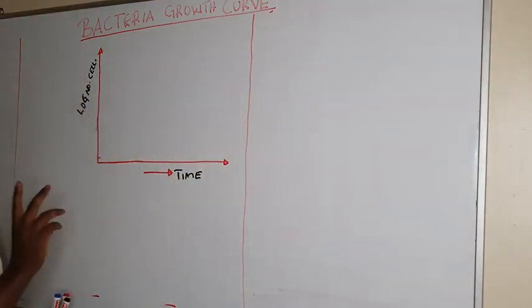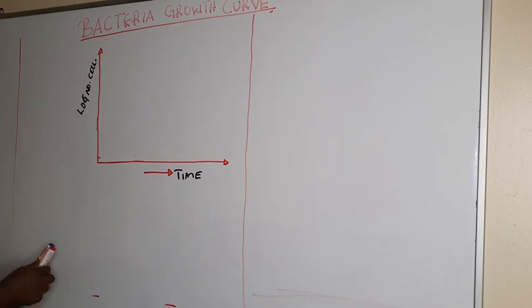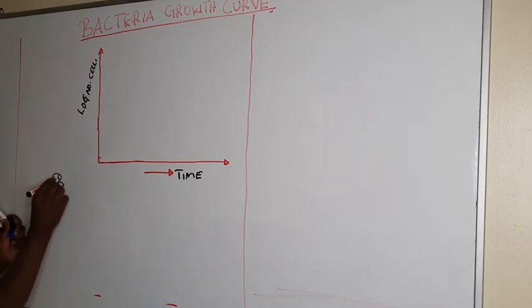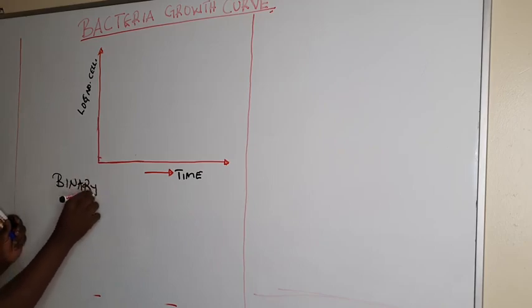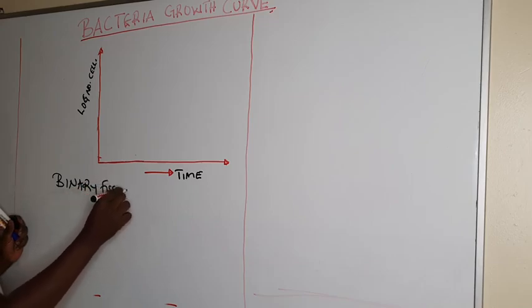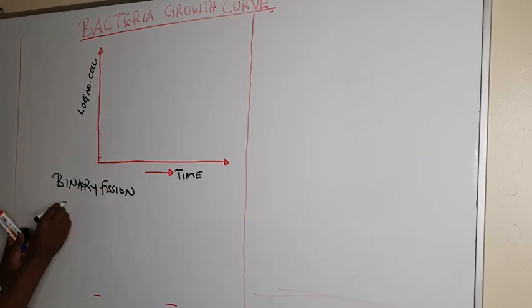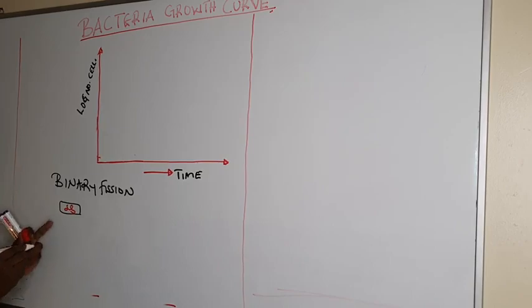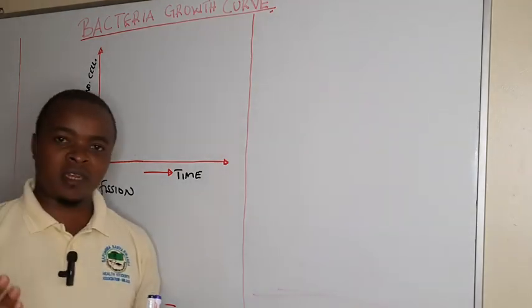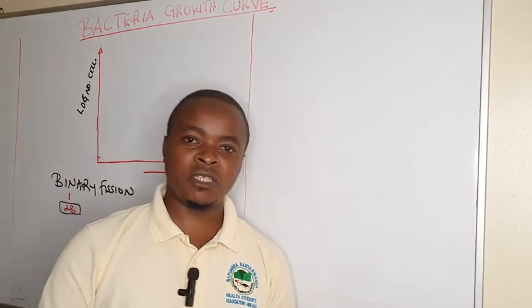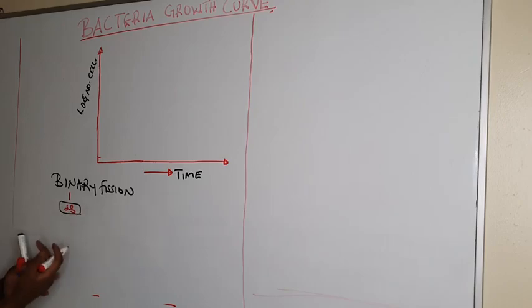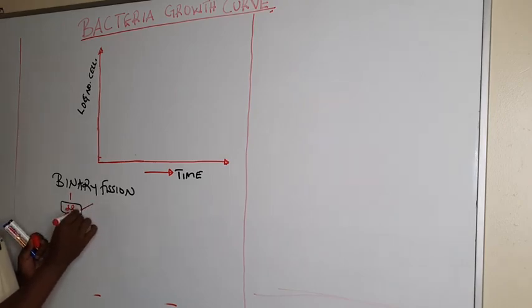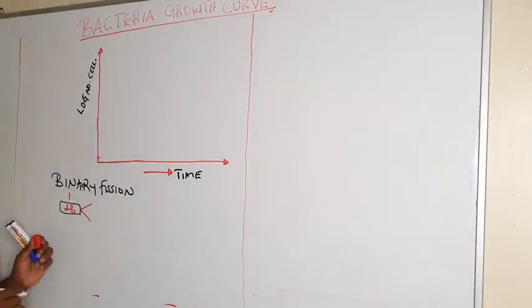We know that bacteria grow by the process known as binary fission, whereby if you have a single bacterium with a DNA, which is always chromosomal DNA, this one-celled bacterium, after being cultured in a media which can be solid, semi-solid, or liquid, and after adapting to the environment, starts to divide by binary fission.